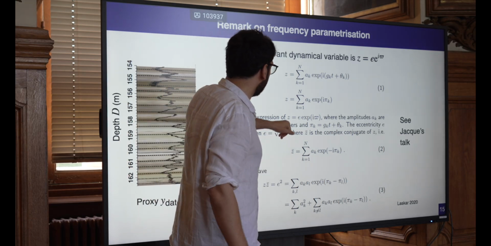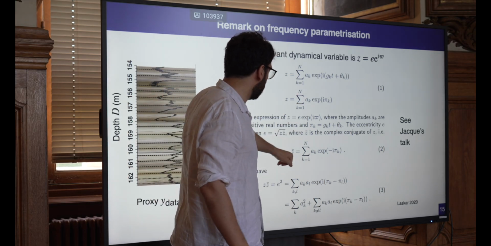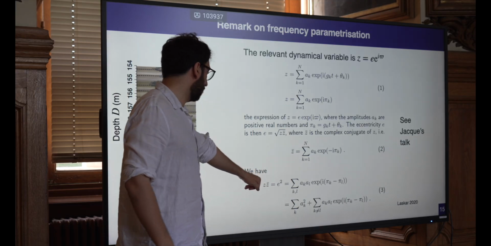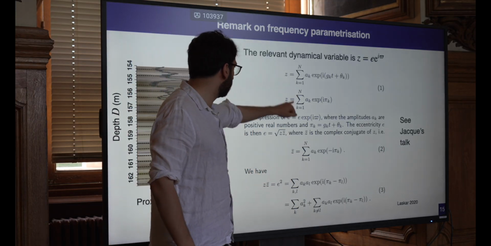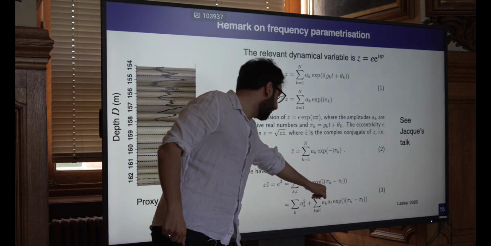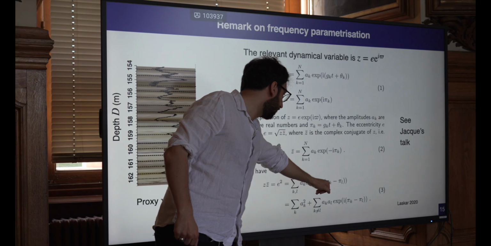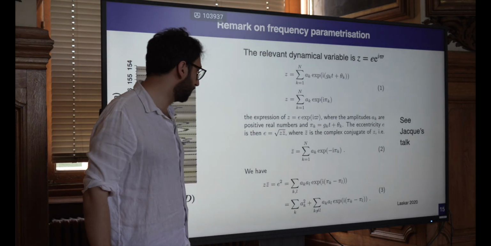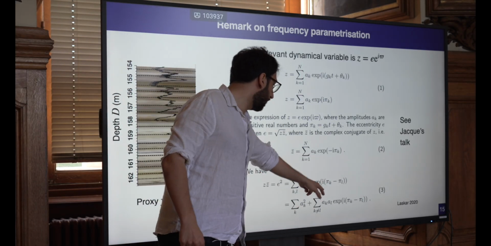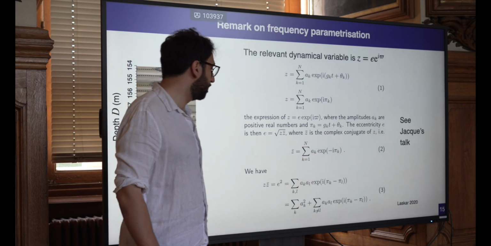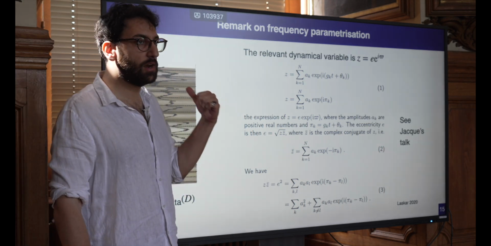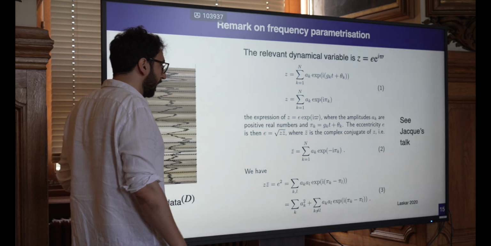So when you take the modulus of this variable, what appears is the difference of fundamental frequencies. Here they are noted pi in Jacques' paper. In AstroGeoFit, they are the omega parameters.